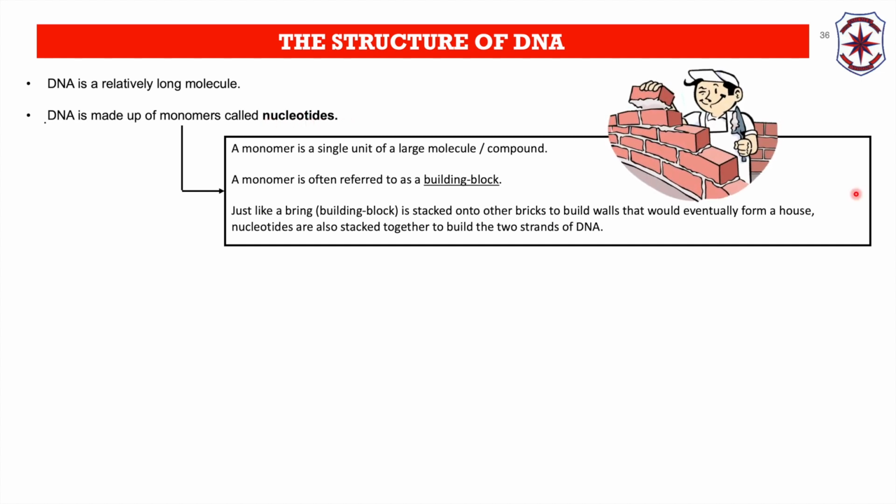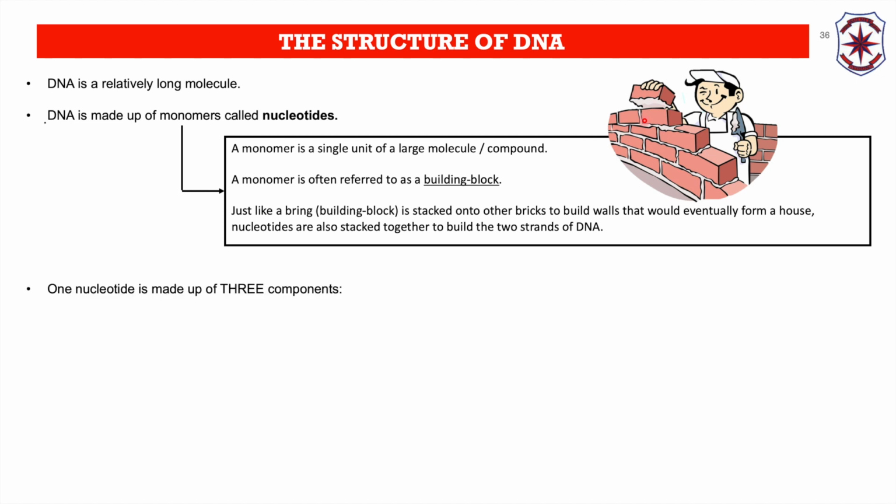Like the analogy of building a house, brick, brick, brick, eventually this will form a house. In the case of DNA, we would have a nucleotide stacked on top of a nucleotide, stacked on top of a nucleotide to make the large molecule that is DNA.